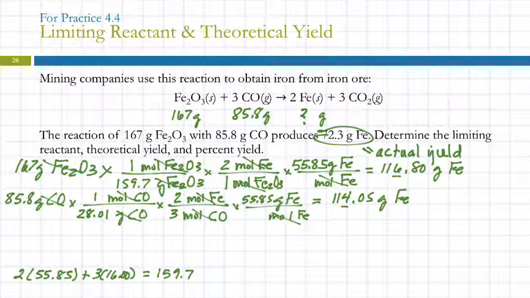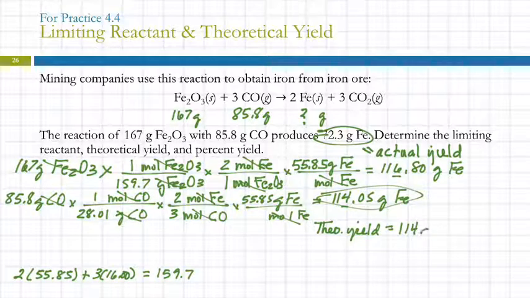What is my theoretical yield? What's the most I could possibly make? The 114. It's the smaller one. So my theoretical yield is 114 grams of iron. That's the answer to one of those questions.